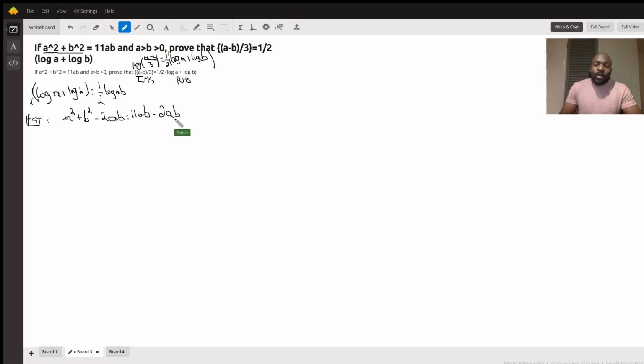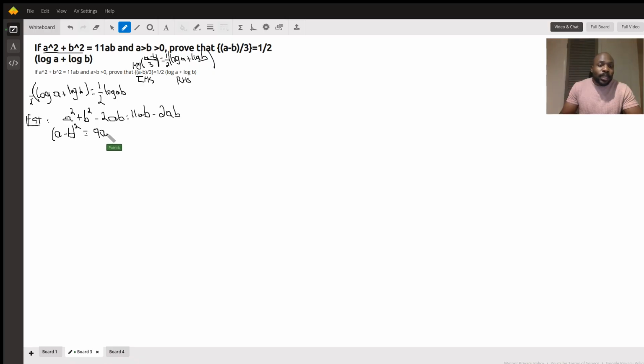Because I subtract 2ab on both sides, I didn't change the actual expression. So from there, now I can rewrite that left-hand side as (a minus b) squared. And 11 minus 2, that's 9, so we have 9ab.